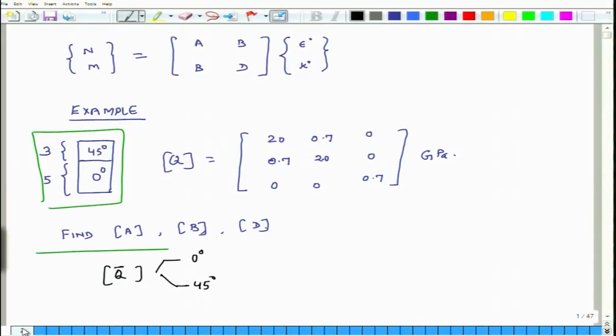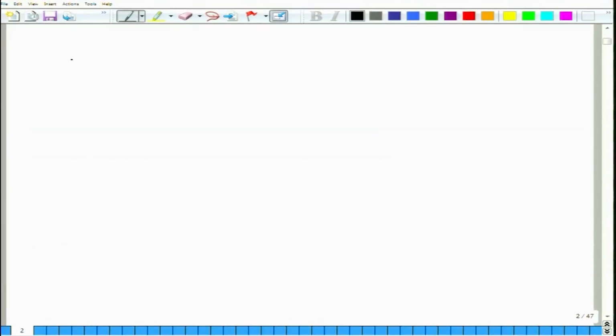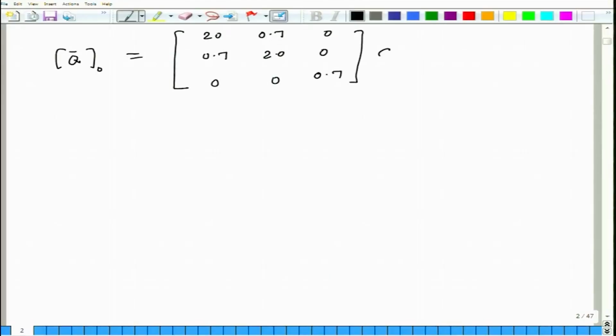So, for the 0 degree layer, Q bar matrix is the same as Q. So, Q bar for the 0 degree layer is the same as Q. The numbers are given here: 20, 0.7, 0; 0.7, 2.0, 0; 0, 0, 0.7 GPa.